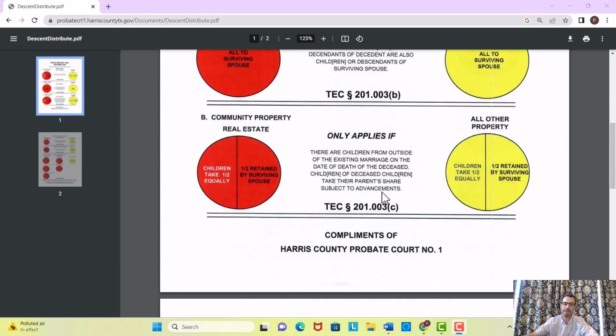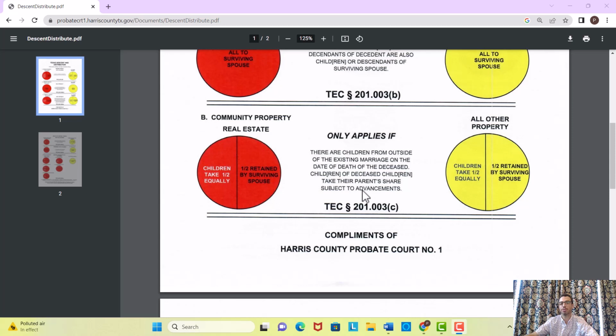We get this call quite frequently at the law firm, where it's usually the surviving spouse or the widow calls up and says, hey, I bought a property with my husband. My husband recently passed away. He died without a will. I should get the whole property, my homestead property, correct? And we have to tell her, no, we're sorry.